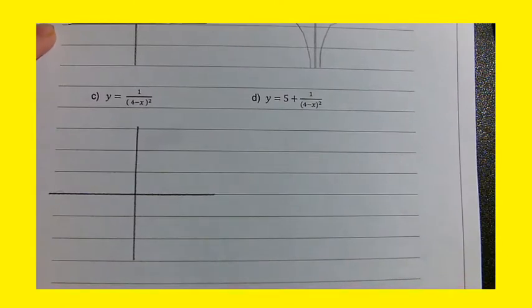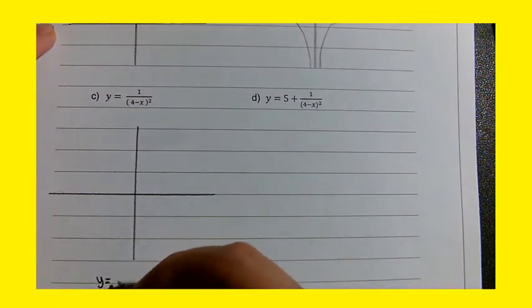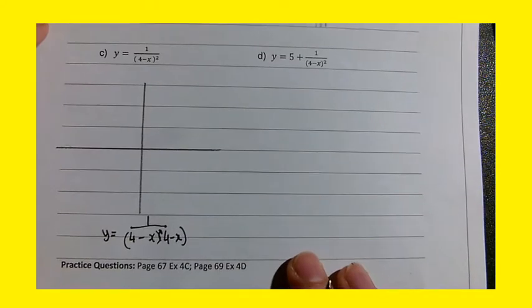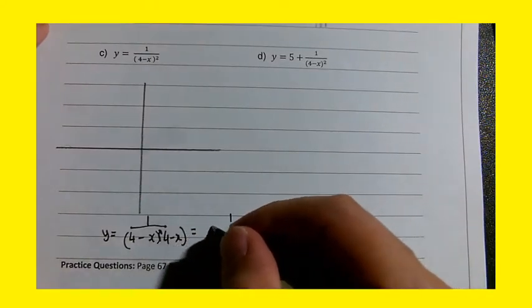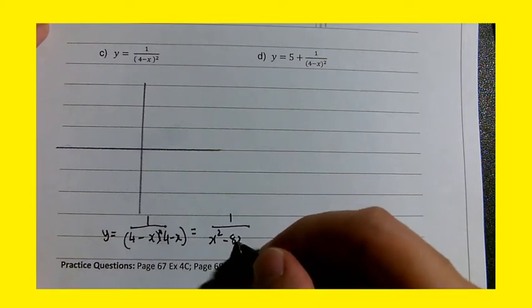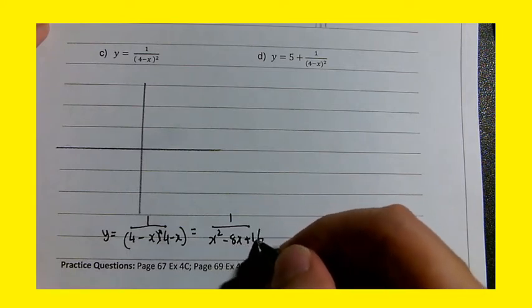I'm just going to expand the brackets. So 4 minus x squared, and if I expand the brackets, I'm going to get x squared minus 8x plus 16.